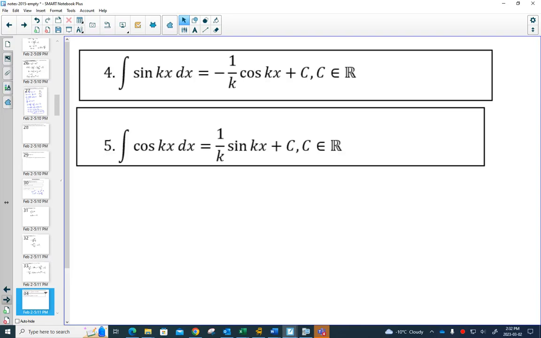But now that we're going backwards, that means the integral of sine is negative cos, and the integral of cos will just be sine. And your positive and negatives is just going to cause your brain to go, oh my goodness. So I will remind you of what we did to remember this with our derivatives. And hopefully that makes you connect with the integrals.